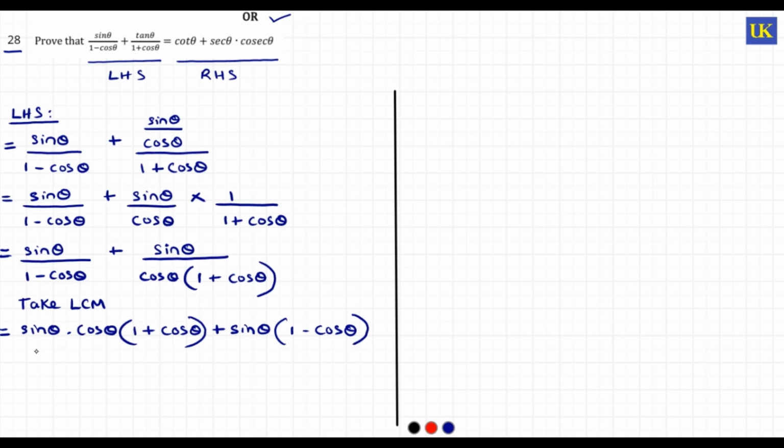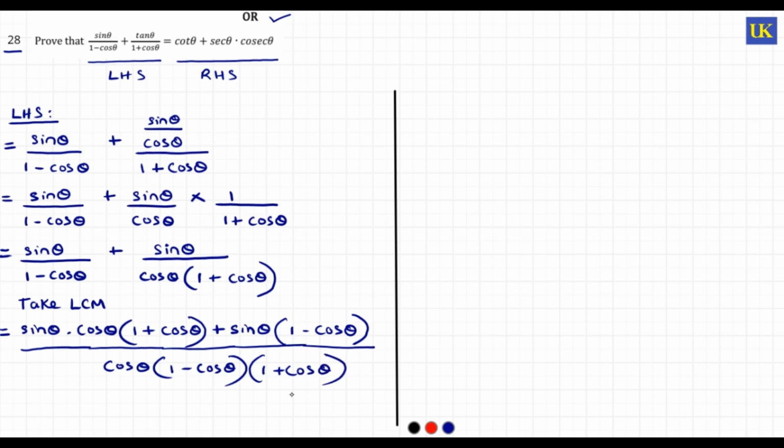And in the denominator, I'll write this cos theta first, and then I will write this 1 minus cos theta, and then I will write this 1 plus cos theta.